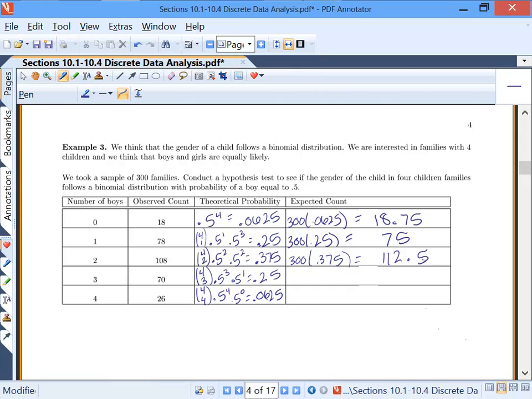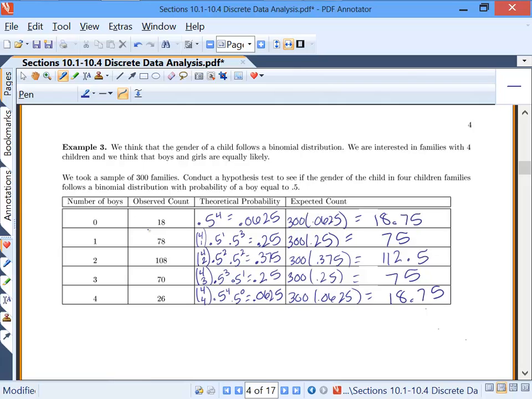Obviously, you can't have 18.75 families with 0 boys, but because it's the expected count, that's okay to get our fractions. 300 times the probability of 0.25 is again going to be 75, and 300 times 0.0625 will once again be 18.75.